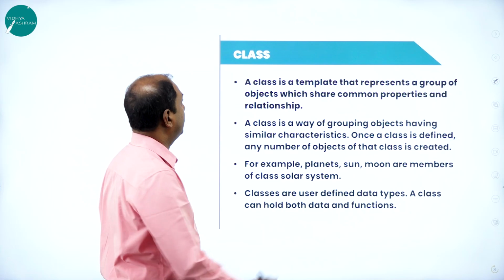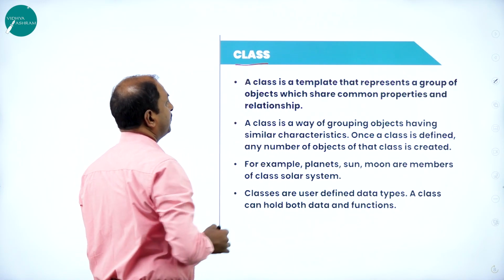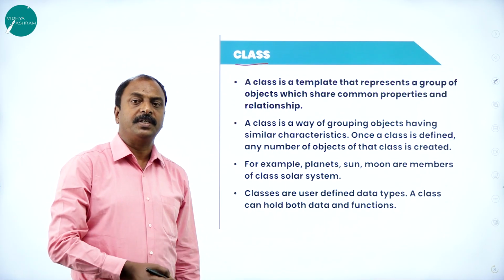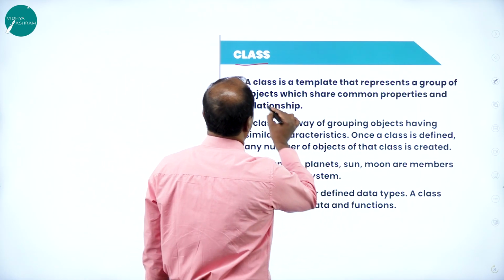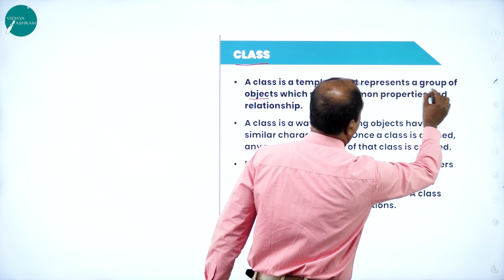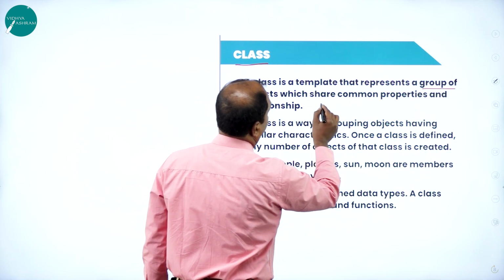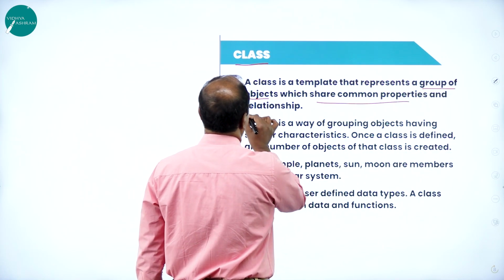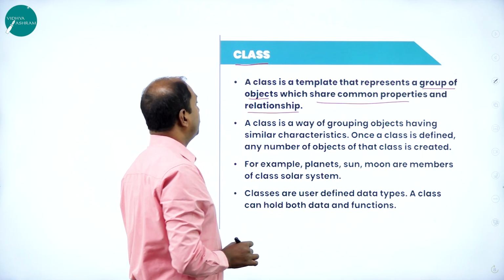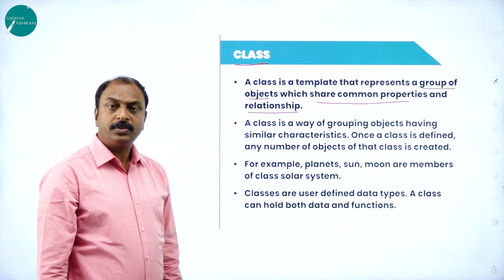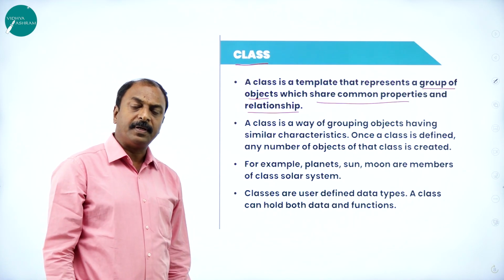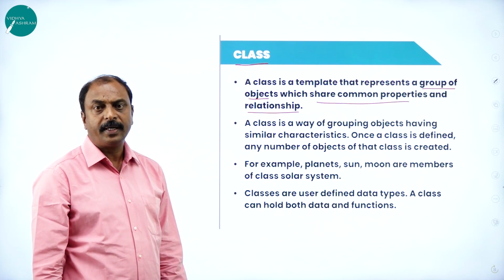Next definition is a class. So what is a class? I think we have seen the definition in the first slide. It is a template that represents a group of objects which share common properties and relationships. Now in the first slide we have seen the fruits like mango, orange and apple coming under a group called fruits.